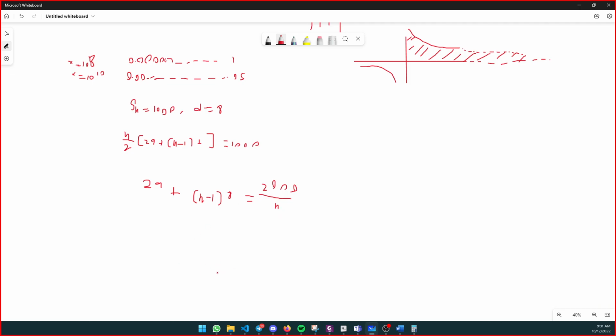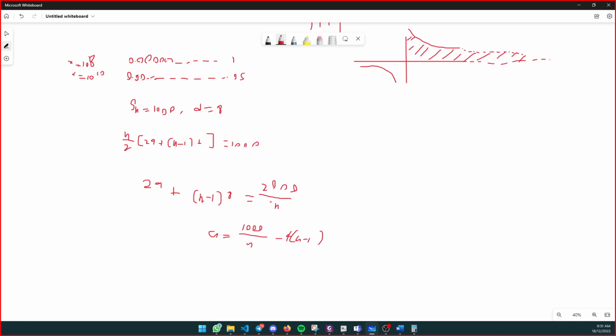And then moving over further, you'll get a equals 1000 over n minus 4(n minus 1).